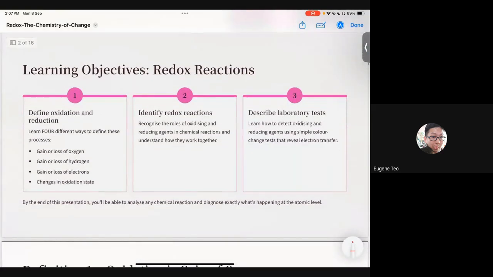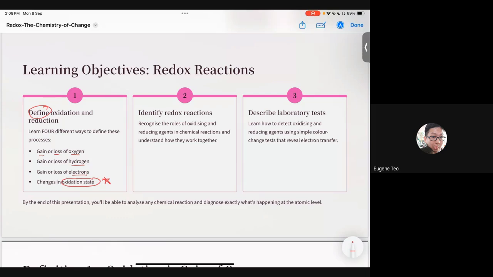If you look at the learning objectives, first thing is to define and identify the four different ways. We're going to look at gain or loss of oxygen, hydrogen, electrons, and the last one, oxidation state. Can you put a star for oxidation state? Because oxidation state is one of the most important ones.